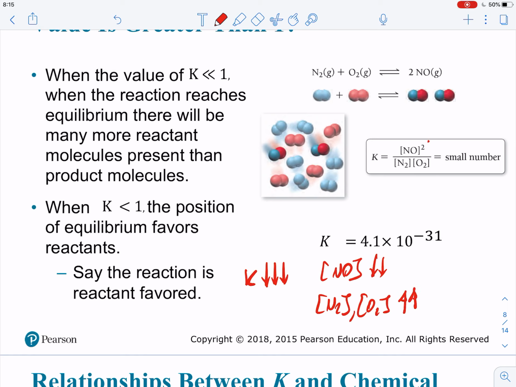If this is small and these are large, then the ratio is going to be a small number. Therefore, when the constant is really small, the concentration of reactants is much larger than the concentration of products.